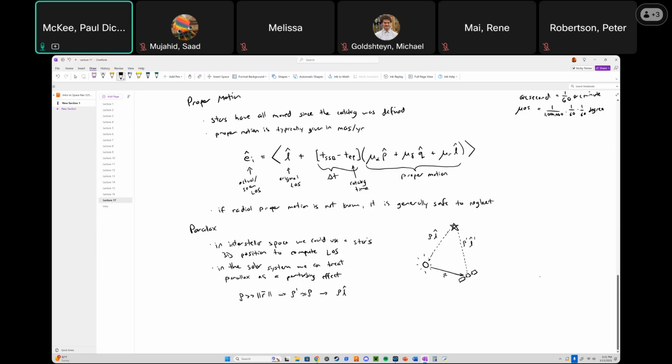Rho L hat is basically R plus rho L hat prime, which means that L hat prime is basically L minus 1 over rho times R. So we need to account for this 1 over rho times R, which is based on our parallax, which would be a distance measurement.